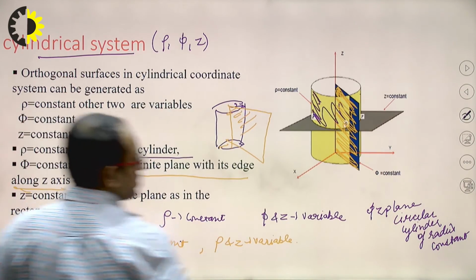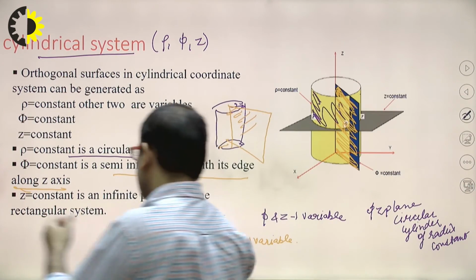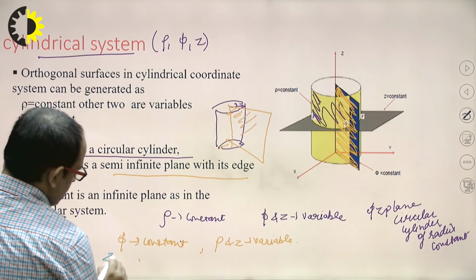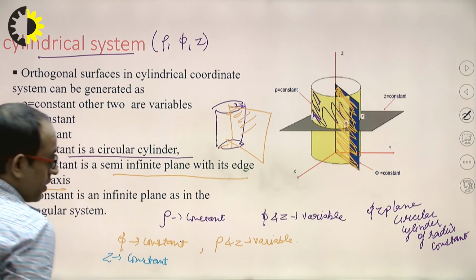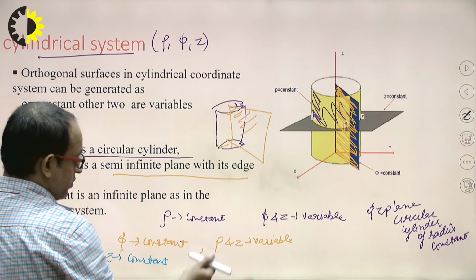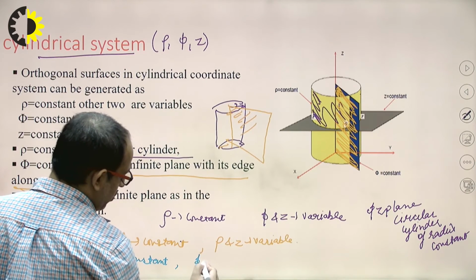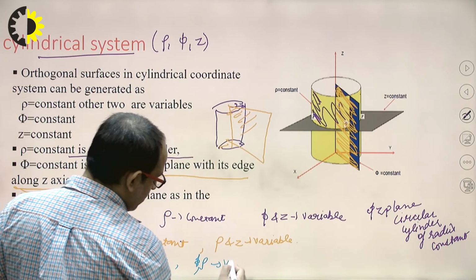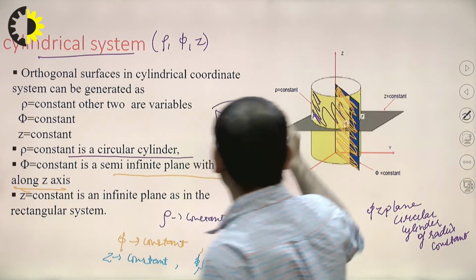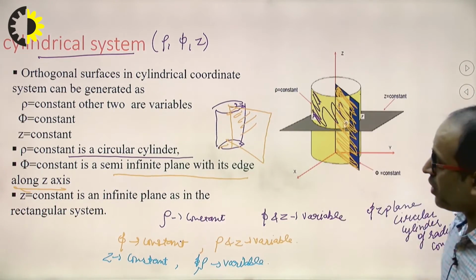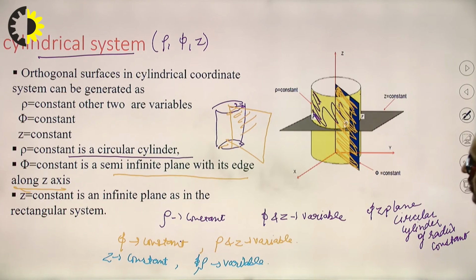Clear? Now see, if I say that z is constant, when z is constant and phi and rho are the variables, means the height of the cylinder now is constant. Height of cylinder is constant, rho and phi are the variables.